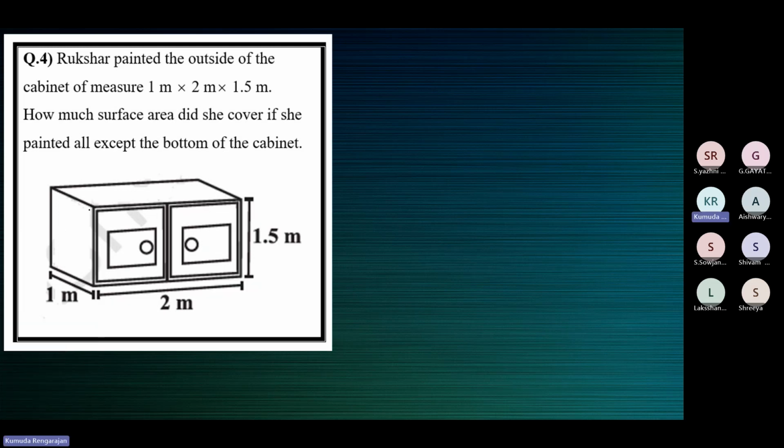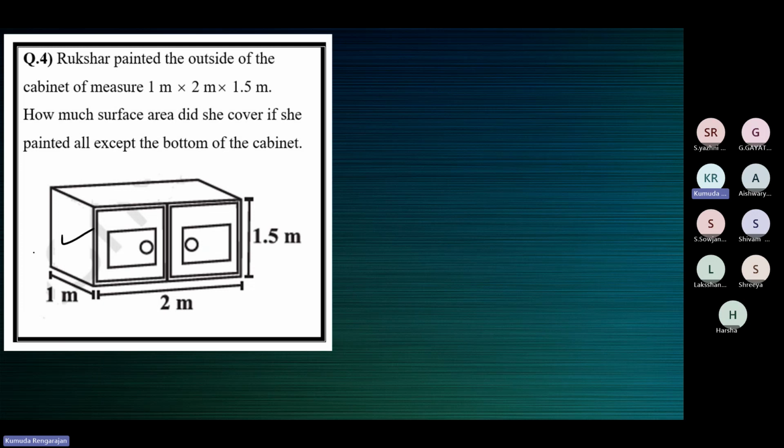The area of the side faces, the left side and the right side, will be breadth into height. This is B, breadth into height. The area of the front face and back face will be length into height. This one is the height of the box. This is the length of the box.